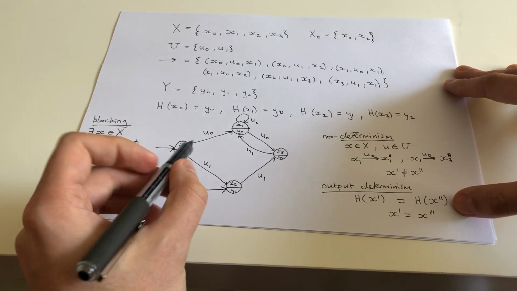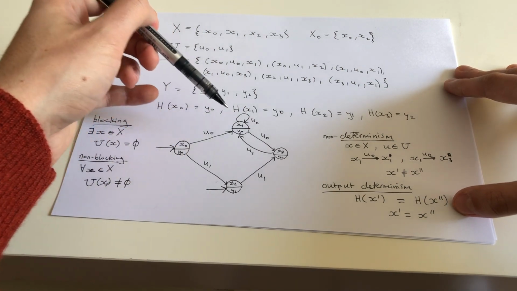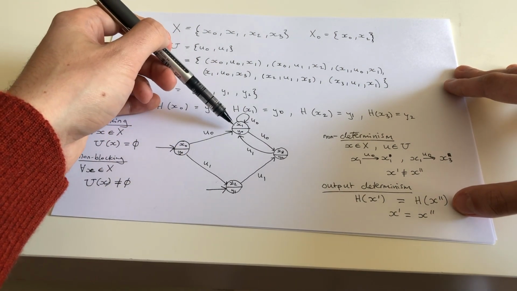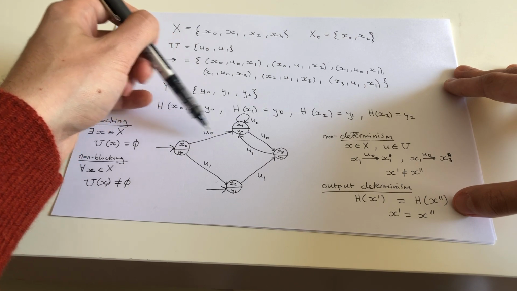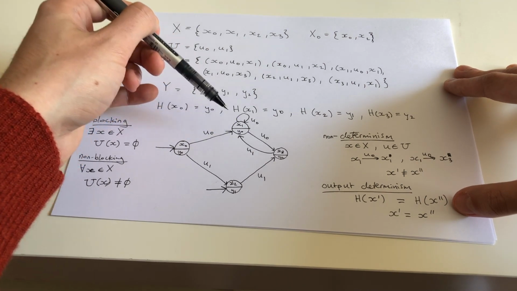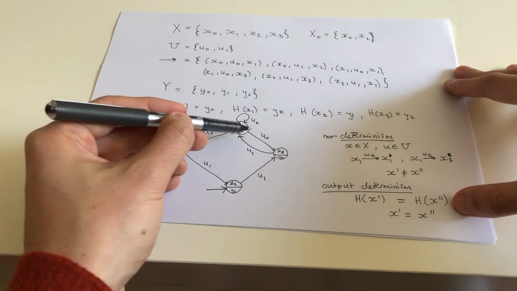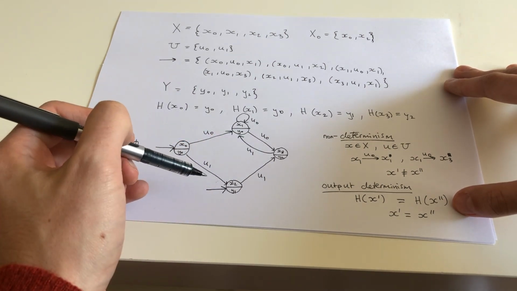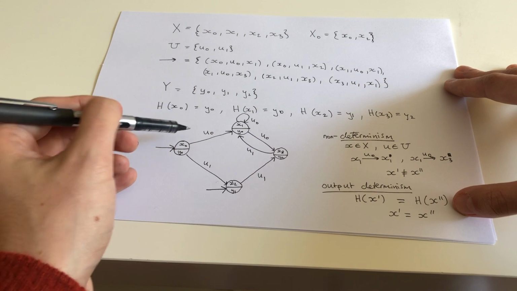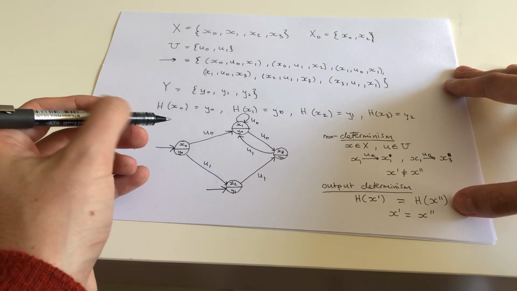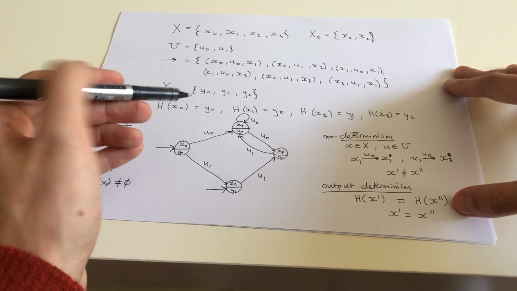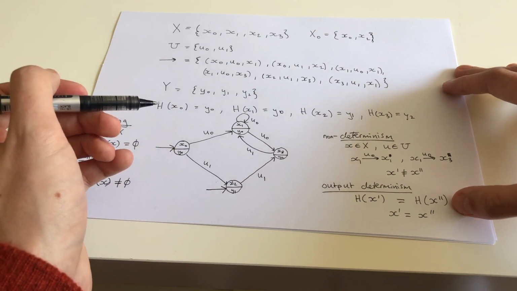So the system is still output deterministic because there's no case where x0 and x1 are both successor states. Feel free to look for yourself at this, or if you can get access to the book, have a look at the example in figure 1.1 there. But this system is output deterministic.